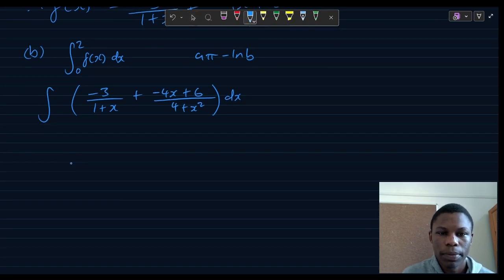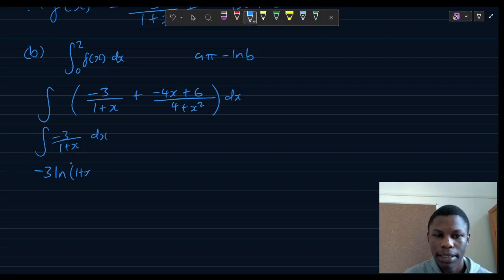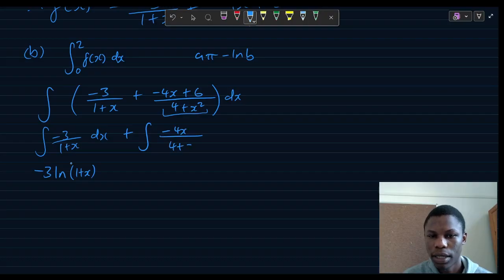So let's start with the integral of -3 over 1 plus x, right? That's just going to be -3, the natural logarithm of your 1 plus x. And if we do, we can split this fraction into 2. So we can distribute the denominator and have this as -4x over 4 plus x squared with respect to x.